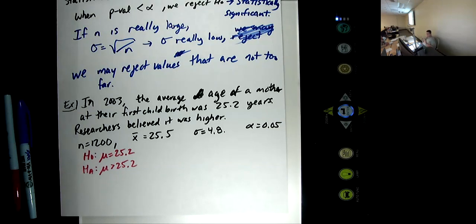We're going to look at the results here. You guys ready? Write down the H naught, the mu equals 25.2 and the other one real quick.